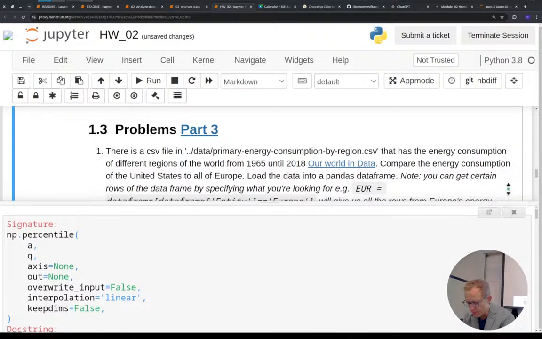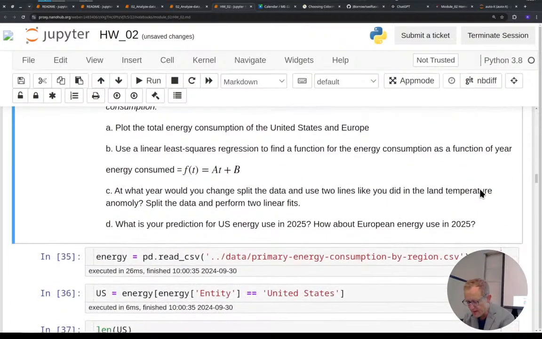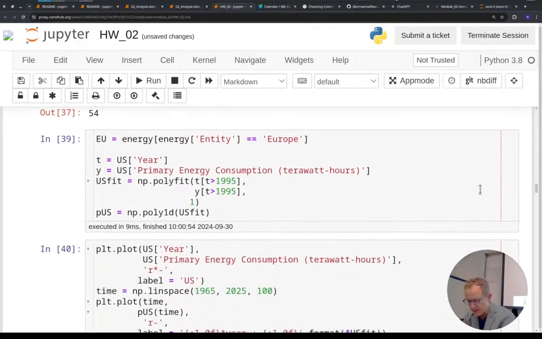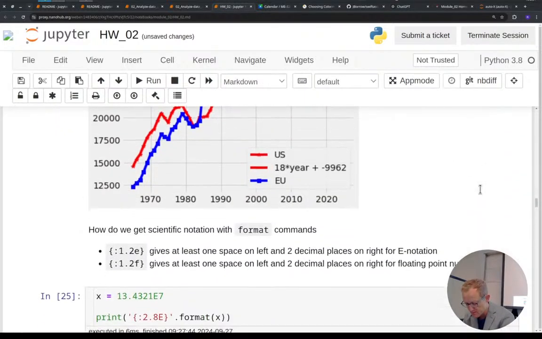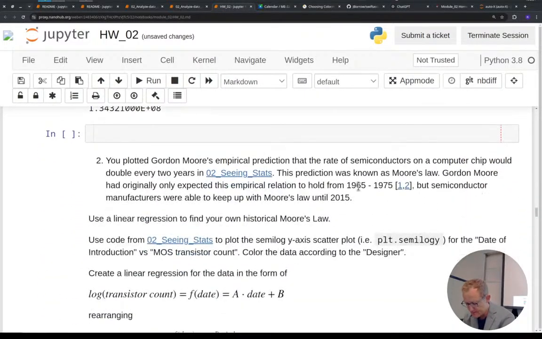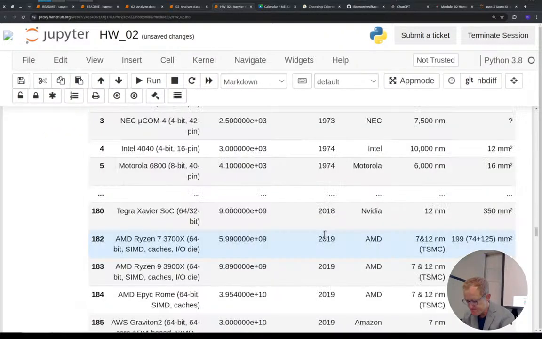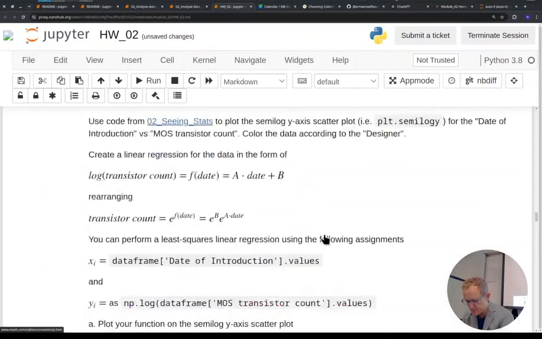So like part 3, and then trying to find a best fit line for Moore's law. This Gordon Moore prediction part. Yeah. Where are we?